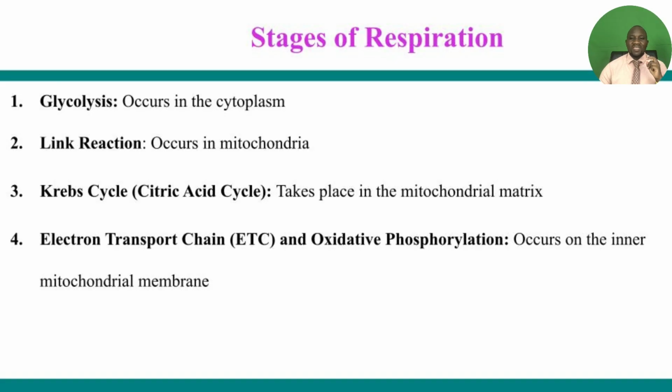Now, the first stage, glycolysis, happens in the cytoplasm of the cells. That means that even if a cell does not have mitochondria, it can still make its own energy through glycolysis alone, because the other two processes, the Krebs cycle and the electron transport system, happen inside the mitochondria.